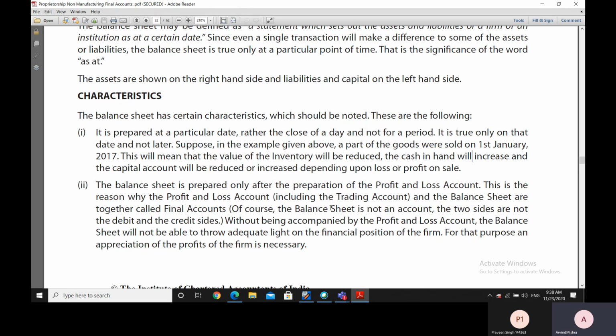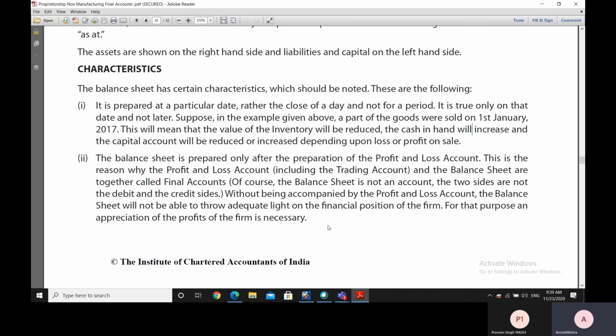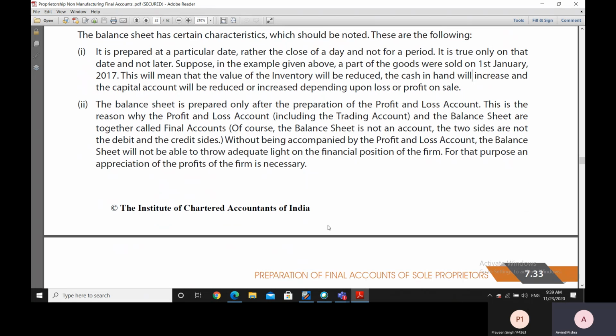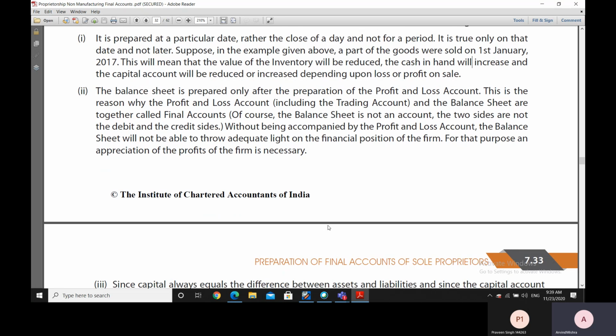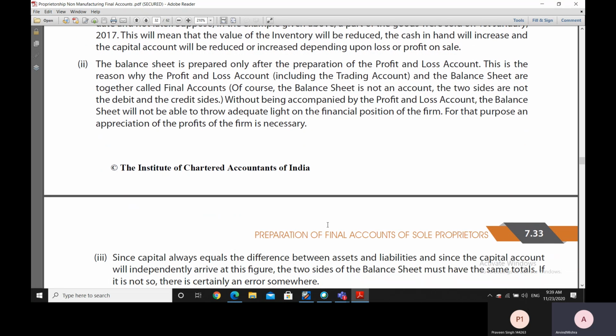Whenever we use the word final accounts, it means all the three, although the balance sheet by itself is not an account. If we have to understand the financial position of any firm through the balance sheet, it is also necessary to appreciate what profit is being earned by the firm.